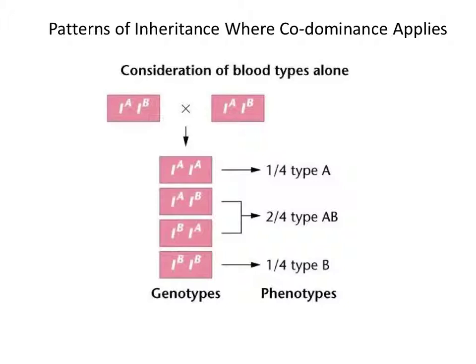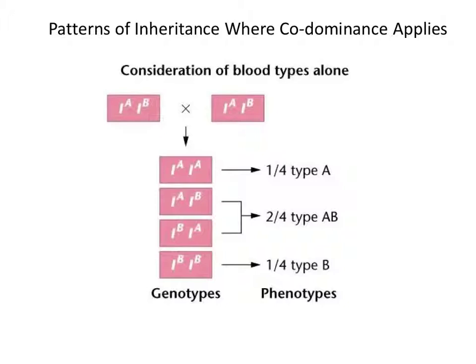But that's not going to happen here because we have a co-dominant relationship. So what we see is a modified pattern of inheritance where we have a 1-to-2-to-1 ratio of both genotypes and phenotypes.